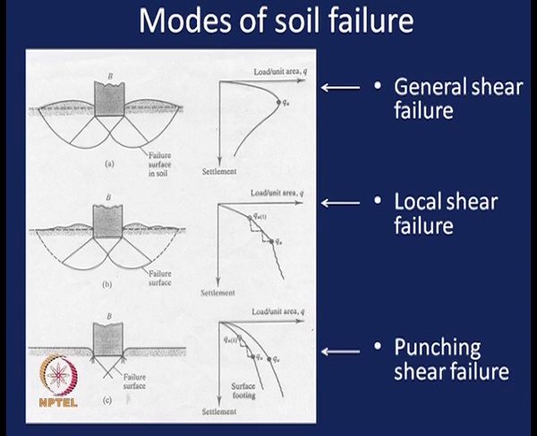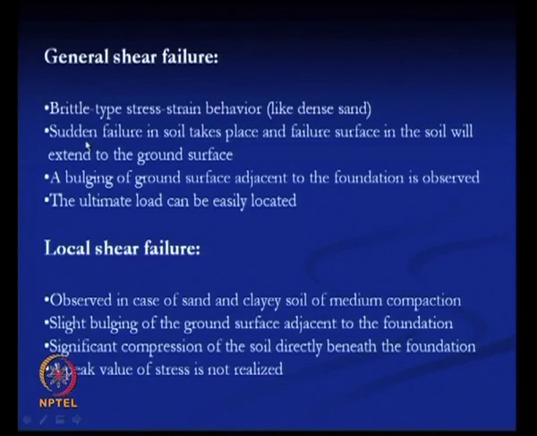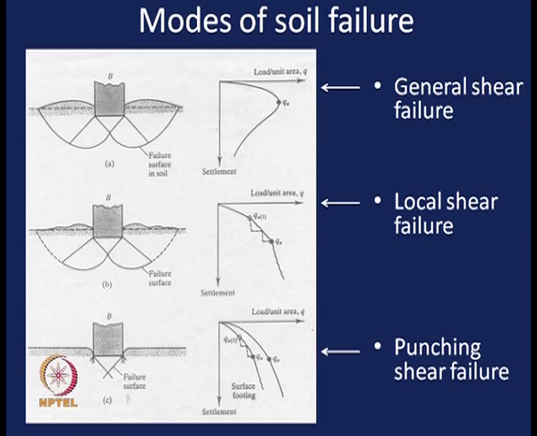From there we can easily determine the failure load from this type of failure. Here, with the brittle behavior, a sudden failure in the soil takes place and the failure surface in the soil extends to the ground surface. From this graph we can see that a sudden failure occurred, and this is the failure surface.